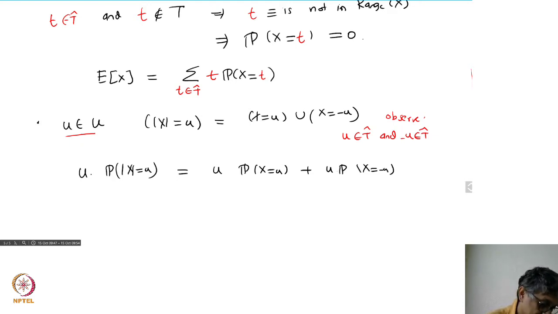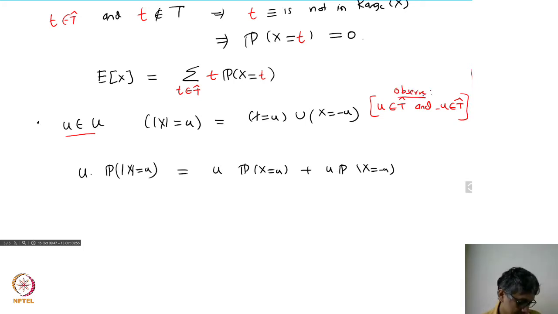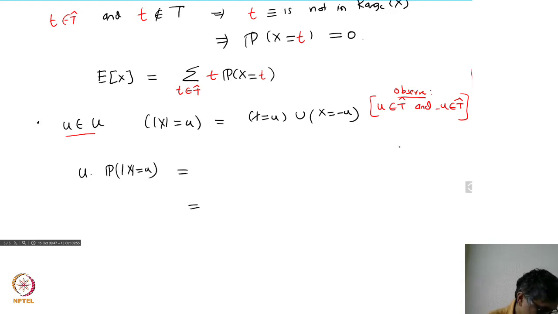Let me start again. So same as u times the probability mod x equal to u is the probability x equal to u plus probability x equal to minus u, because you have two disjoint events.